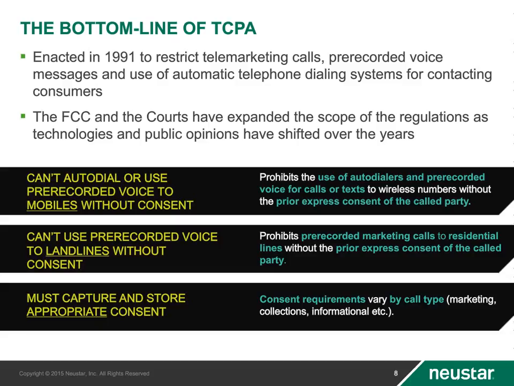Now, with all of this litigation going on, it's not surprising that many businesses petitioned the FCC to provide some clarity, particularly regarding what kind of equipment was encompassed by the term automated telephone dialing system, and also what happens in the context of reassigned numbers or numbers on family plans, for example.